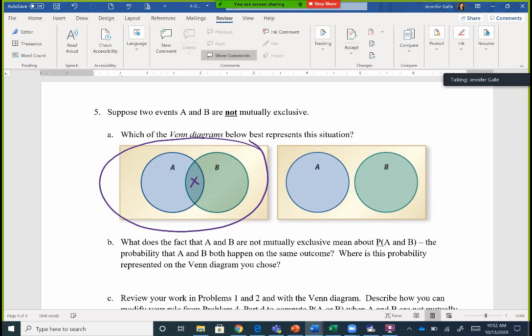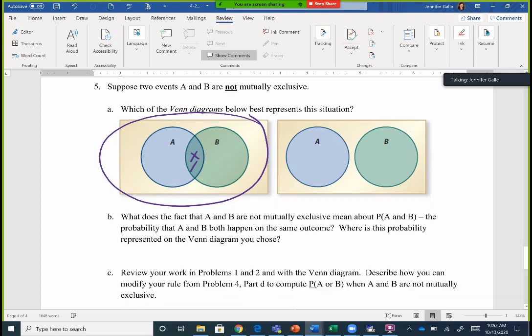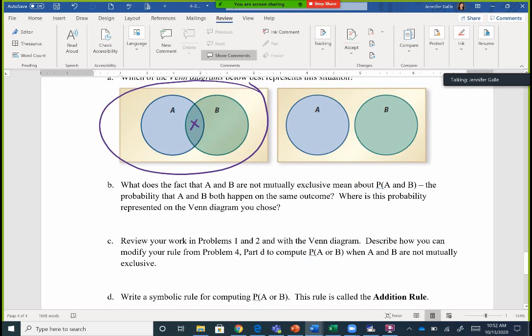A and B happening at the same time is that middle piece. So the probability of A and B is going to be something other than 0. It can happen, it will happen, so we have to take it into account. It's like on our student survey, where they were a girl and they responded that all students are friendly.